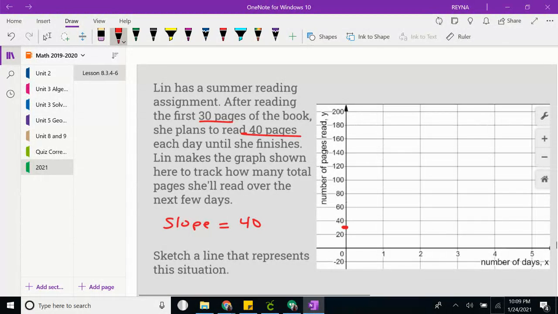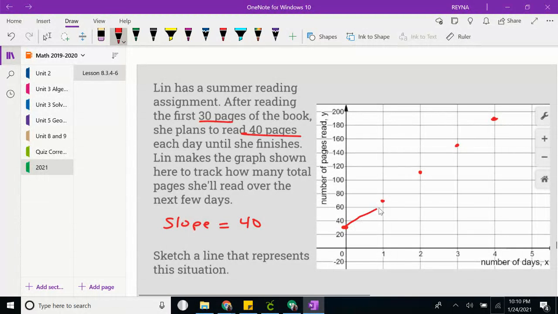So if we start here, we're going to go up to 70. And then we're going to go up to 110 for the next day, 110 pages. And then she's going to go up to 150 pages. And then she's going to go up to 190 pages. And then I don't know how big the book is, but let's say she's done there.